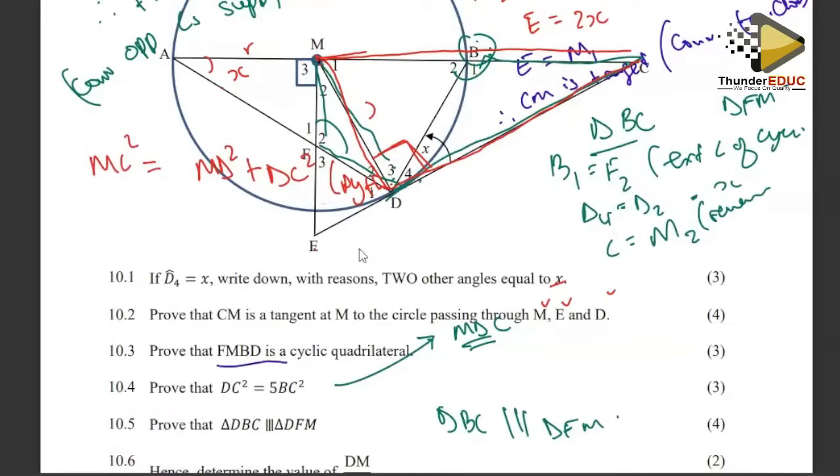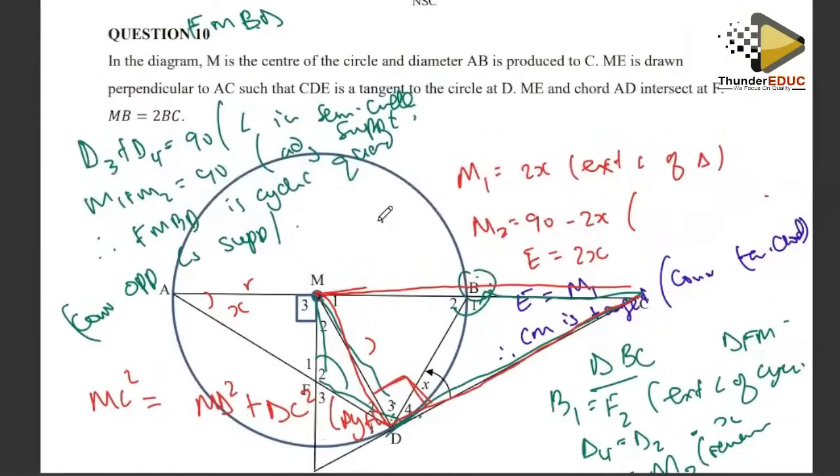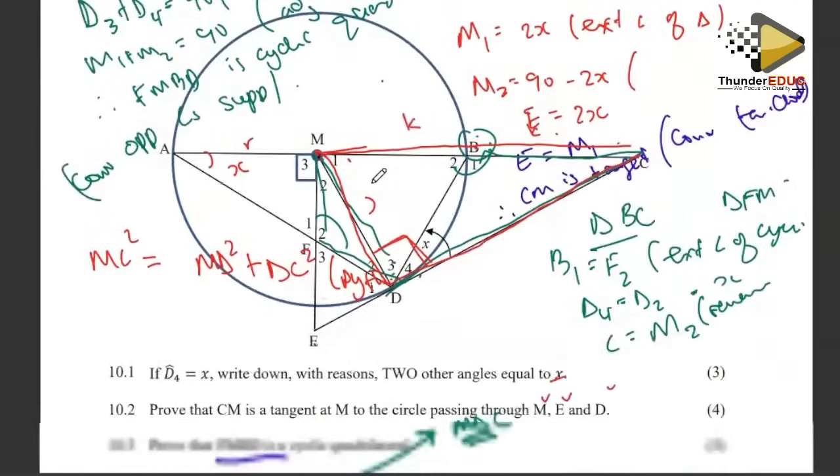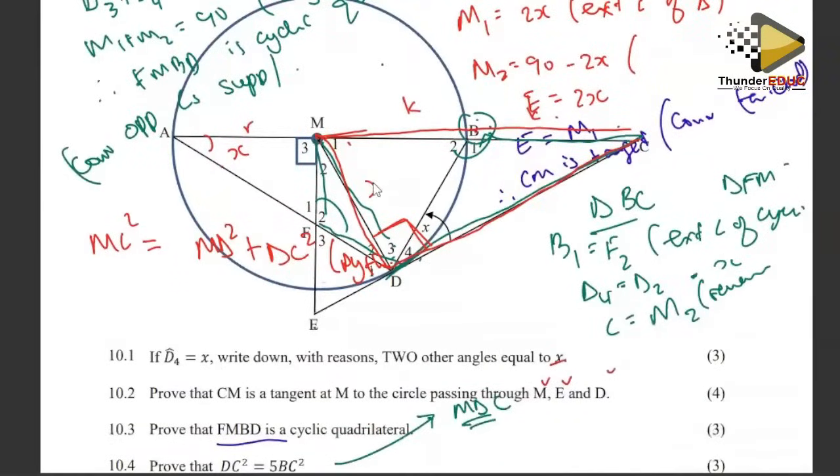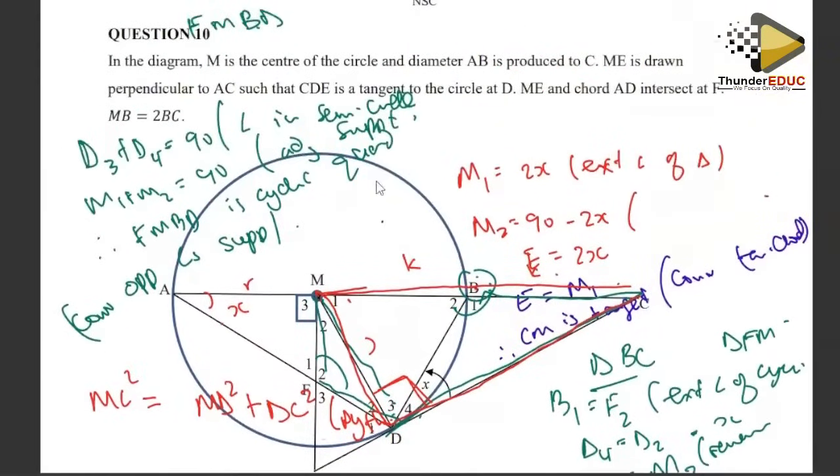Then what is our MC? They told us MB is twice BC. Okay, so if this is a K, this must also be a K, so it's twice, so it's the same thing, meaning that my MC, wait a minute, MB alone is twice BC.